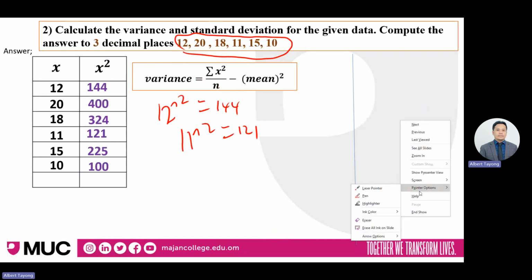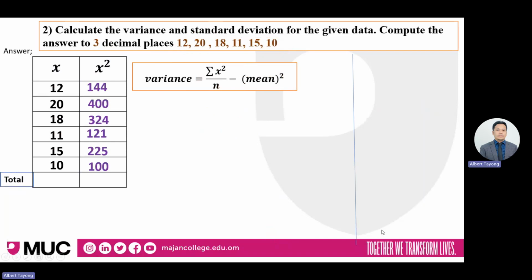So very simple. And then add all. So we have 1314, total of x squared, and total of x is 86. The total of x squared, 1314, divided by 6.